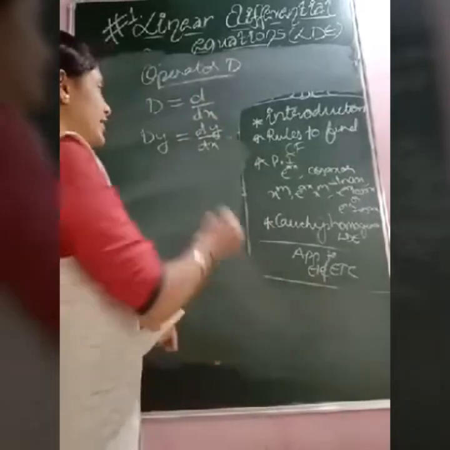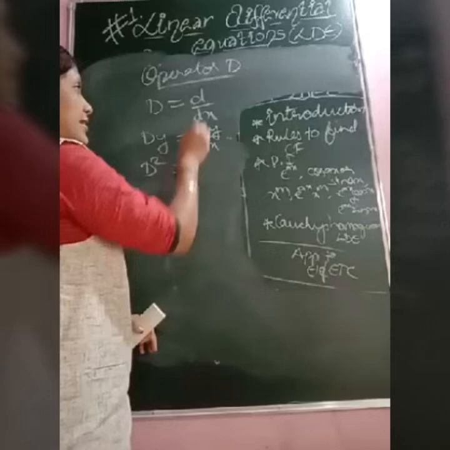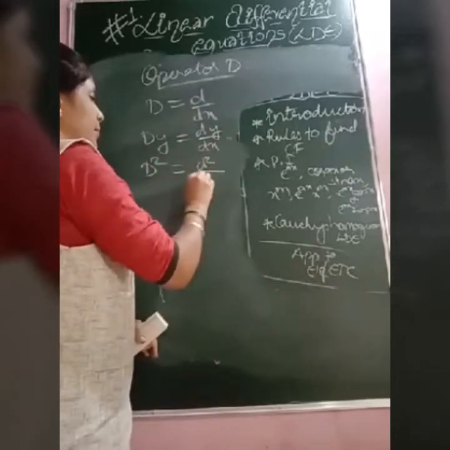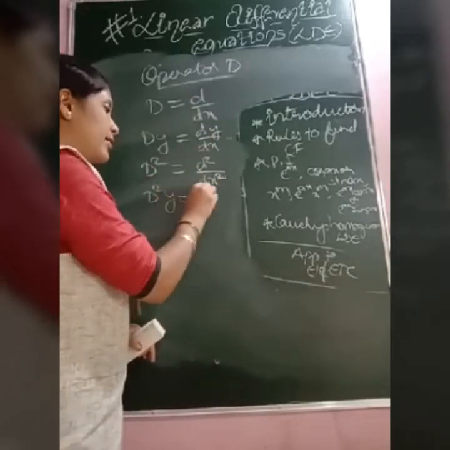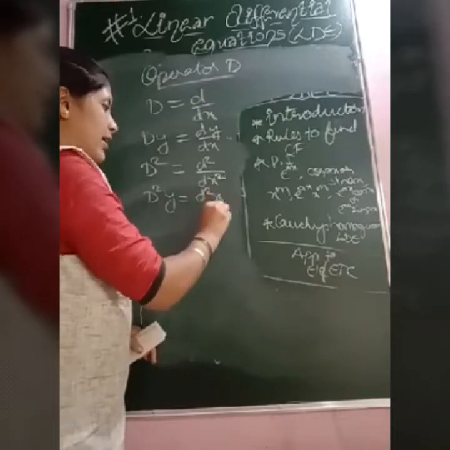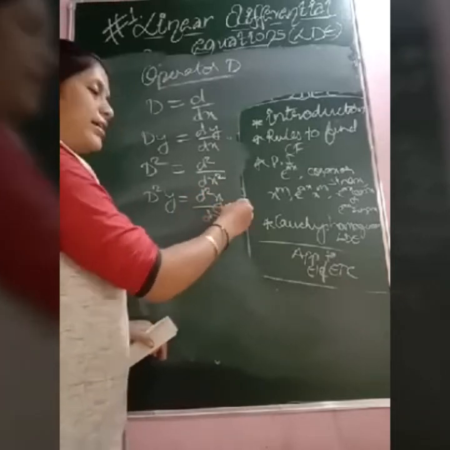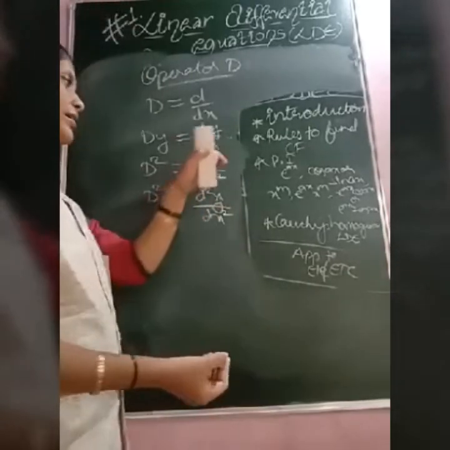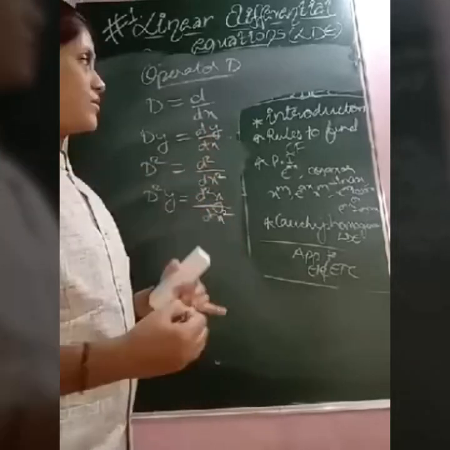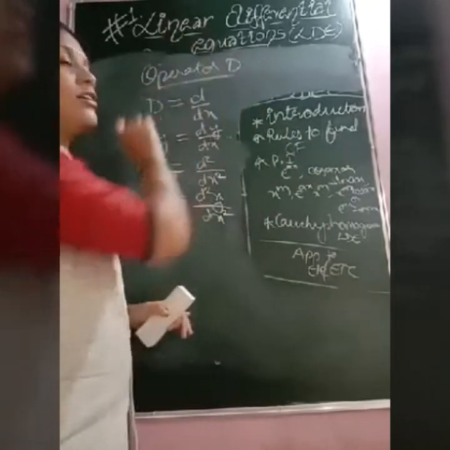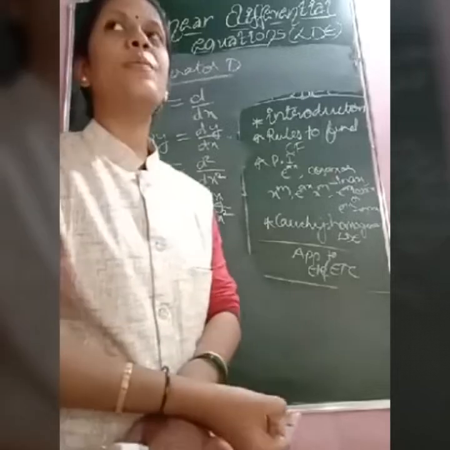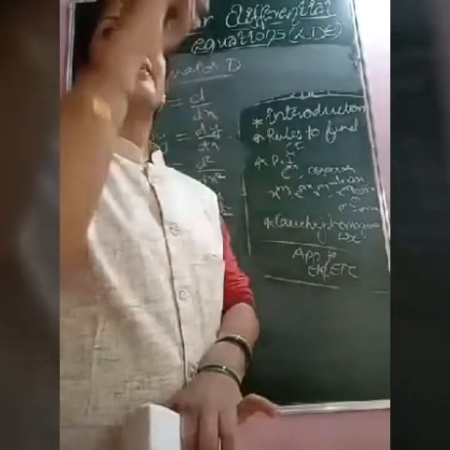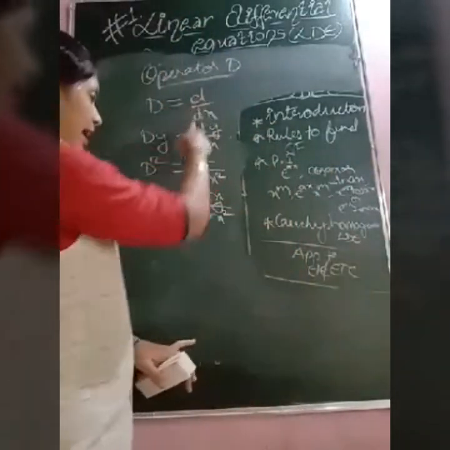What about D squared? D squared is nothing but d squared by dx squared, so D squared y is d squared y by dx squared. D cubed is d cubed by dx cubed, and so on. So this is the meaning of operator D. D stands for the differential operator, that is d by dx.